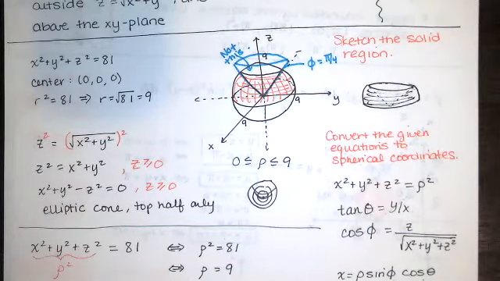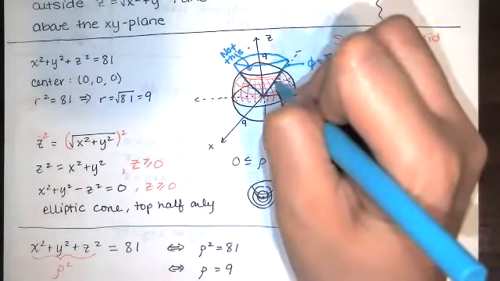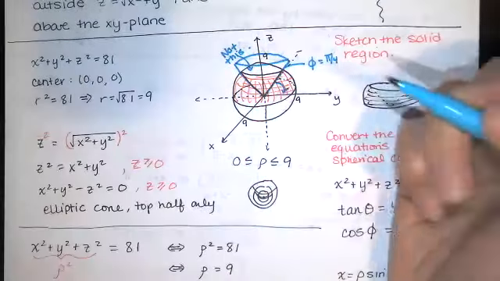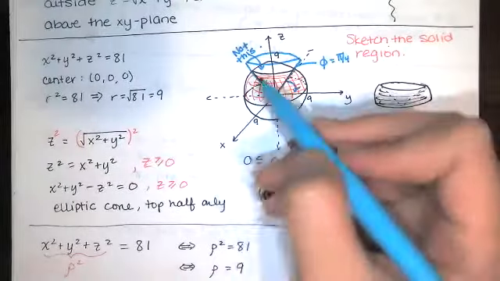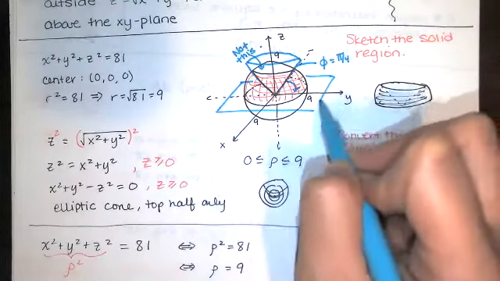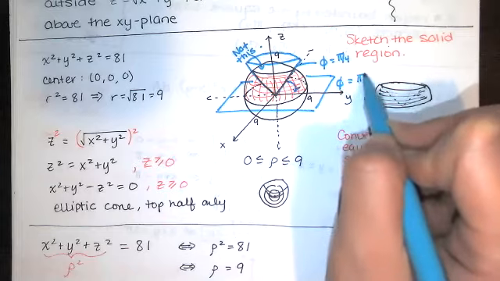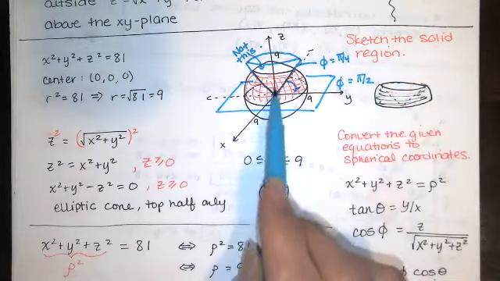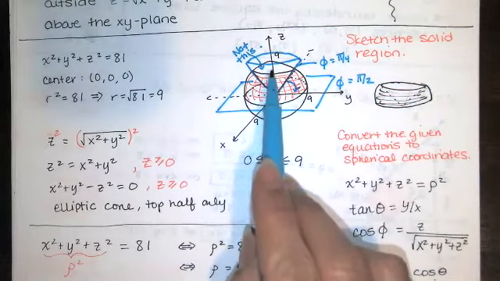Okay, now we need bounds for phi. If we're starting at the cone and going to the xy plane, phi is equal to pi over 2 in the xy plane. Because remember, phi is an angle measured from the positive z-axis.